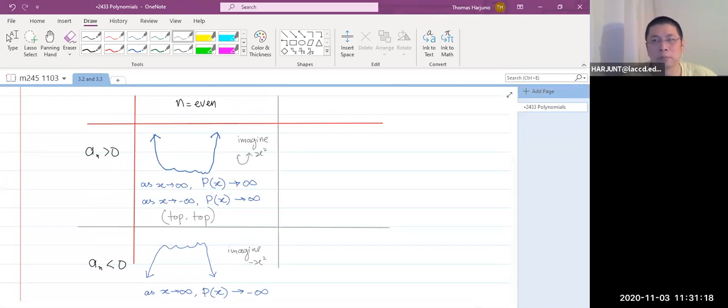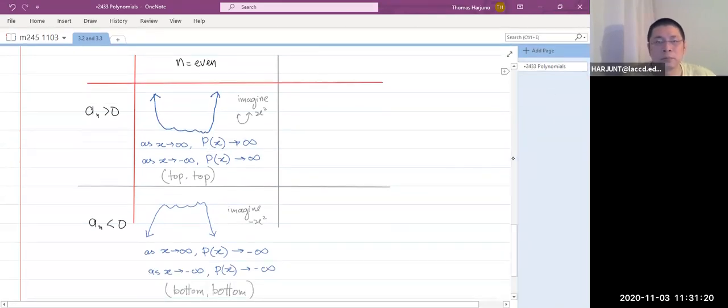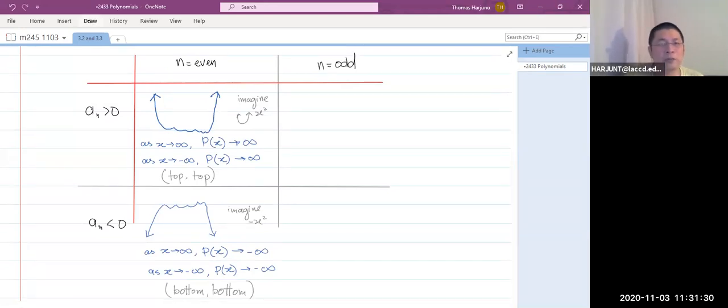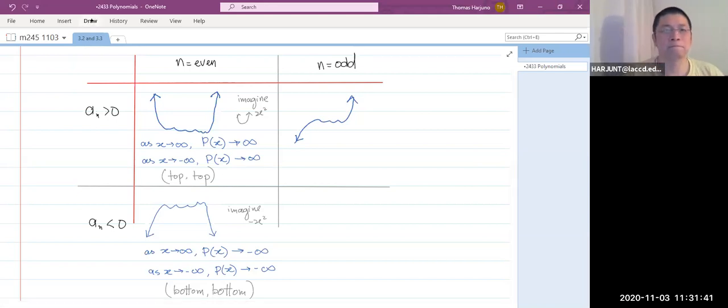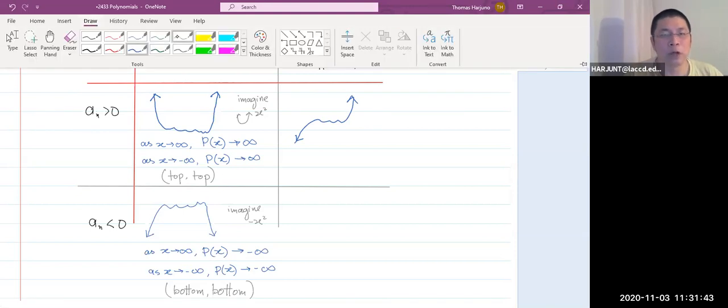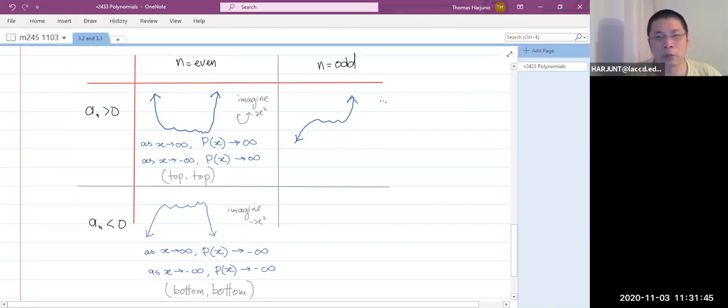Now, what happens if the degree is odd and the leading coefficient is positive? Then the graph will look like this. To help, you can imagine x cubed.